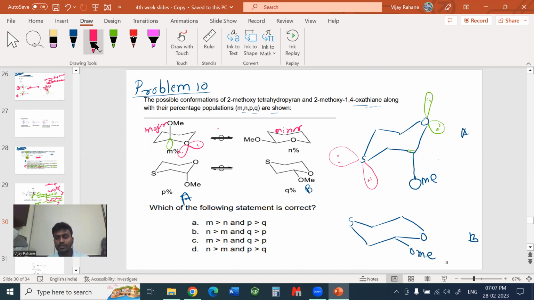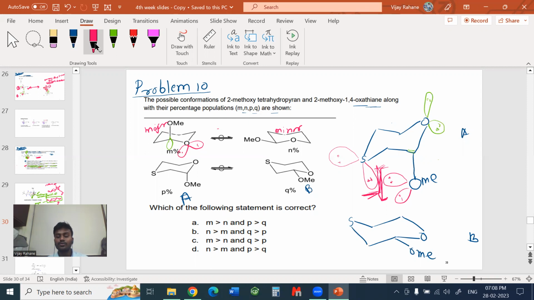So these pairs of electrons repel each other because this OMe is at the axial position, and there will be steric repulsion. This steric repulsion makes this conformation unstable.